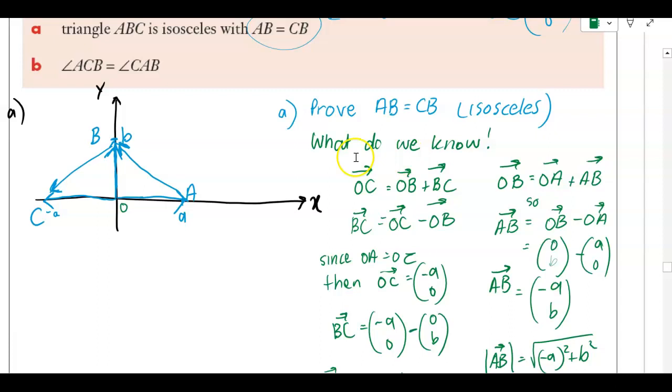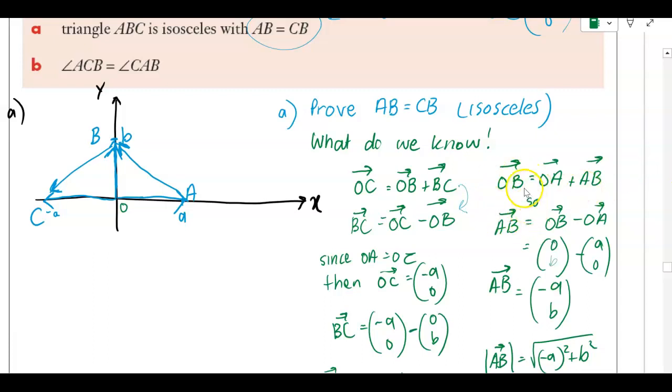Okay, what do we know? I've said that OC, that vector there, is equal to OB plus BC. That's why I chose to go BC instead of CB. We also know that BC is equal to OC minus OB. I've just rearranged those two formulas to get to the second one.